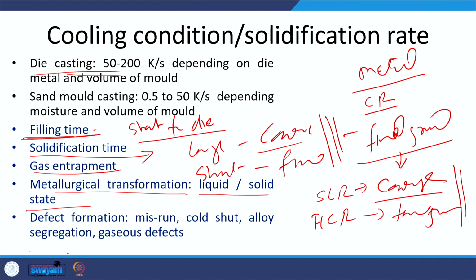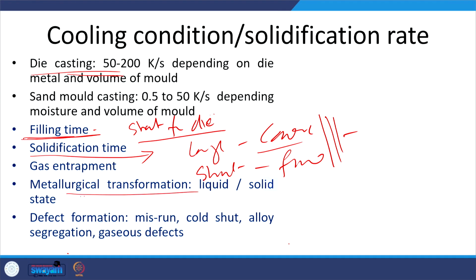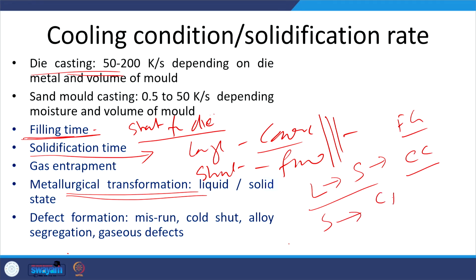So, the final microstructure as far as the metallurgical transformation is concerned will depend on the cooling rate imposed in the liquid to solid state transformation, and accordingly we will get fine grains or coarse grains. But if there is solid state transformation, then it will depend upon the cooling rate and the composition of the metal which is getting cooled during the casting.